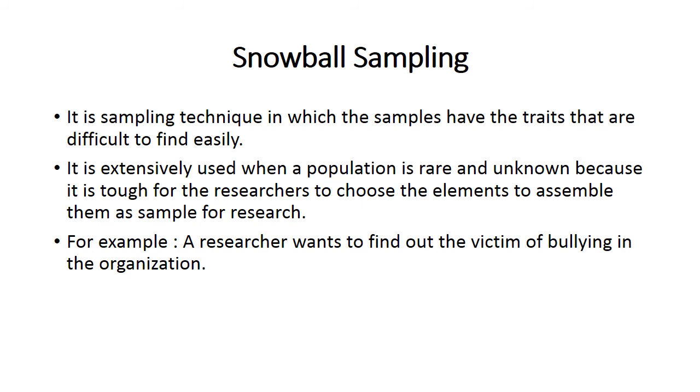A snowball collects ice particles. It is based upon the concept that a snowball collects ice particles when it rolls on ice. Similarly, in snowball sampling, a researcher uses a respondent to collect information about another respondent.